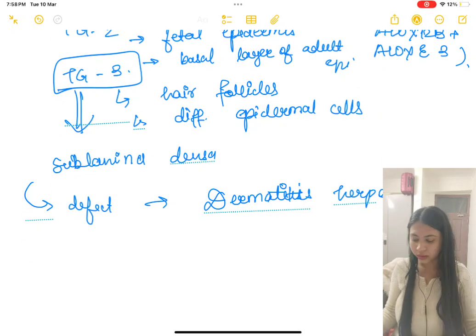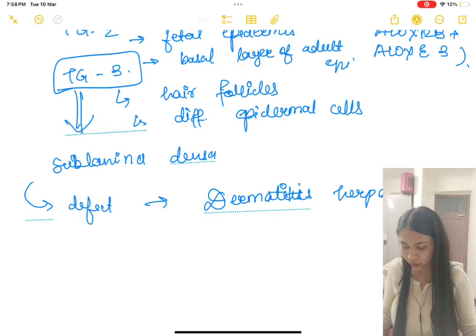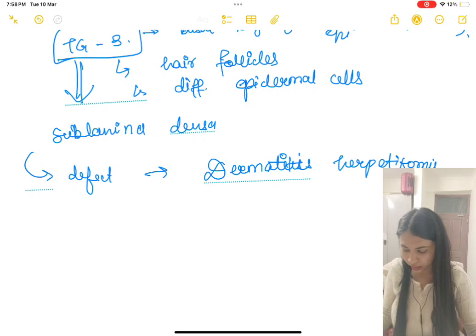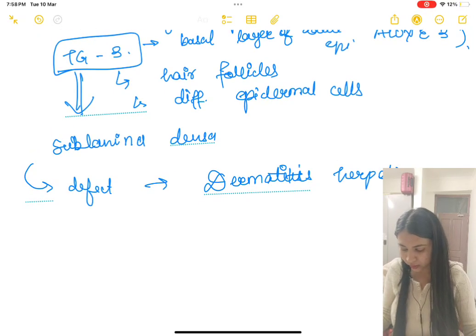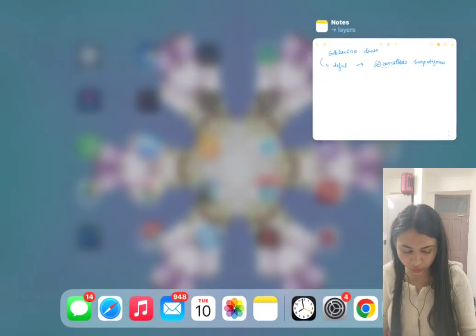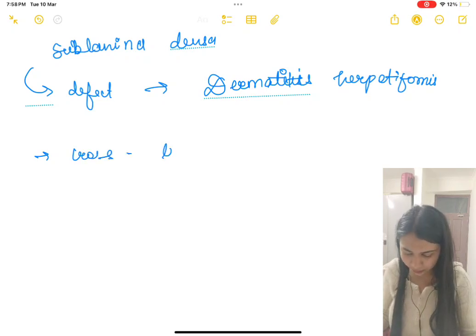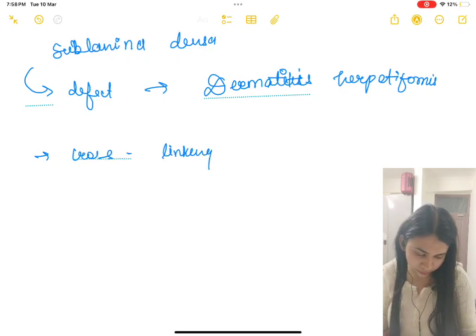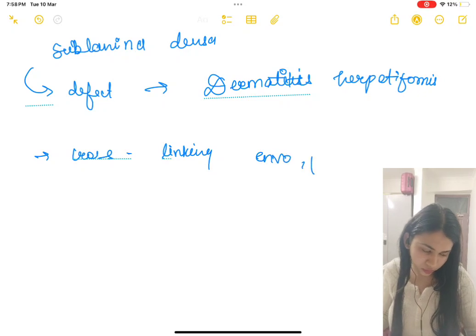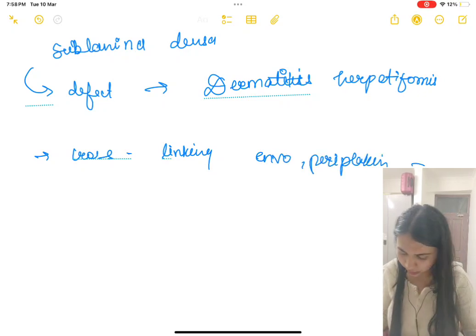Now what is the process of epidermal differentiation or keratinization? These are all triggered by calcium, which results in the formation of the cornified envelope. What happens in the cornified envelope? Firstly, there is cross-linking of envoplakin and periplakin along the cell membrane.